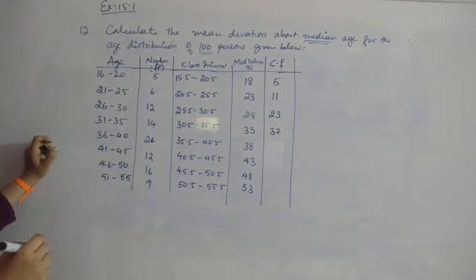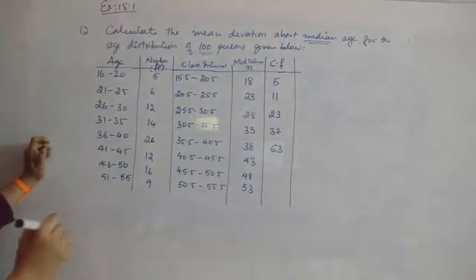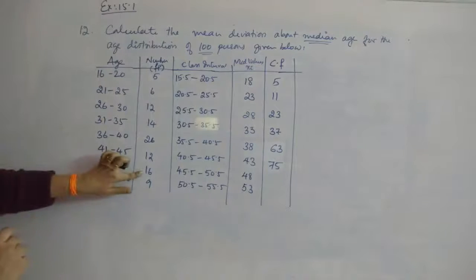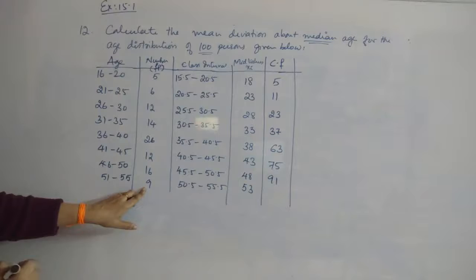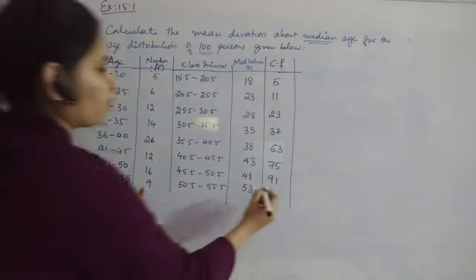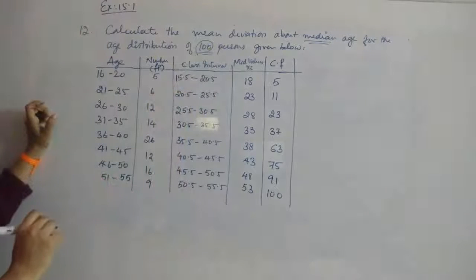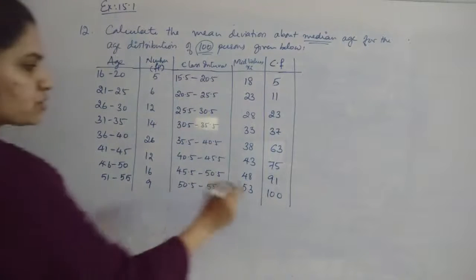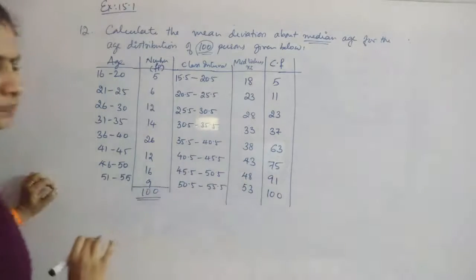Then plus 26 gives 63. Then plus 12 gives 75. Plus 16 gives 91. Plus 9 gives 100. It should coincide with the total number of people given here, otherwise you have gone wrong somewhere and you have to check again.